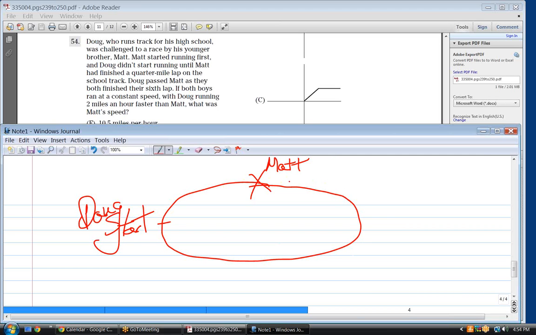He's always following him until the 6th lap. Both finished their 6th lap, and they'll be at the same spot. We need a master equation that relates distance, rate, and time. What is it?